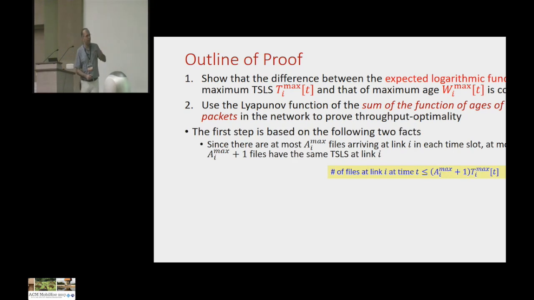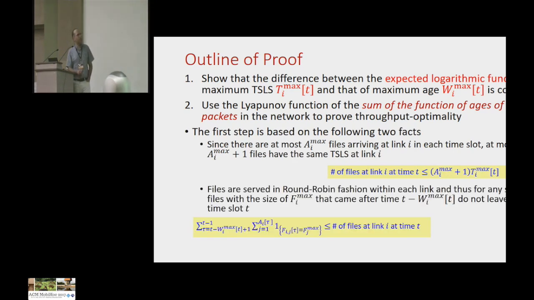The details have to be skipped, but the essential point for the first step is to come up with upper bounds and lower bounds on this common metric, the number of files at the link i at slot t, as a function of Ti max on the one side, which is the time since last service metric, and the waiting time on the other side.